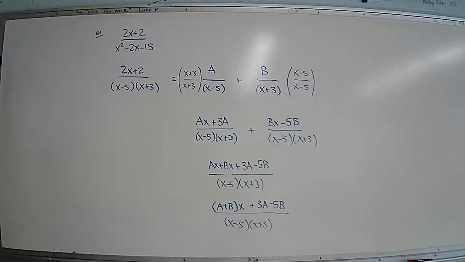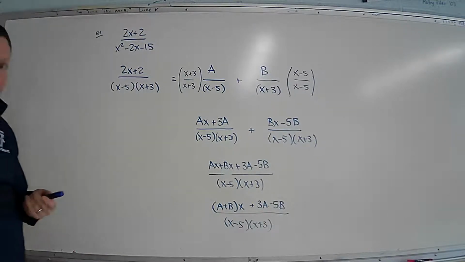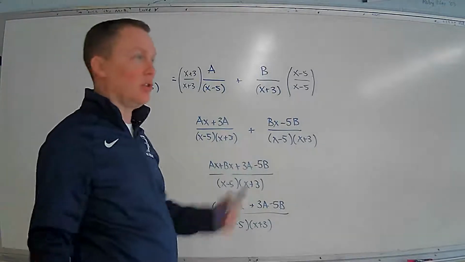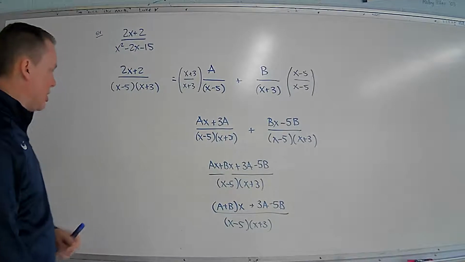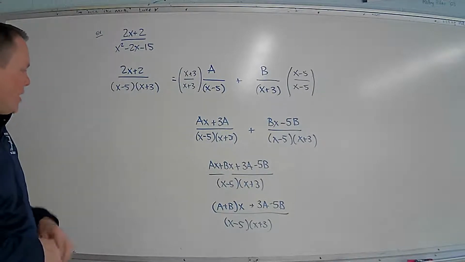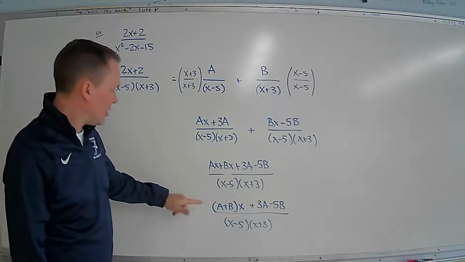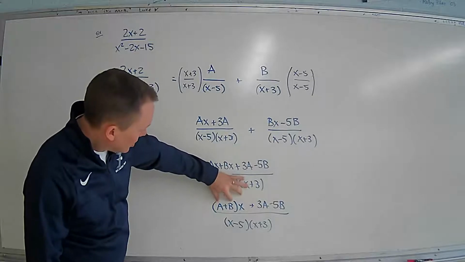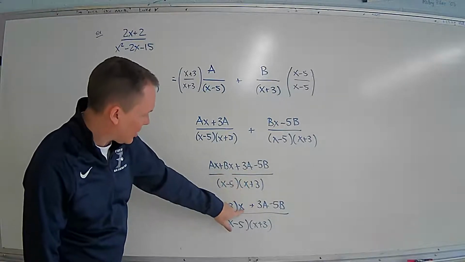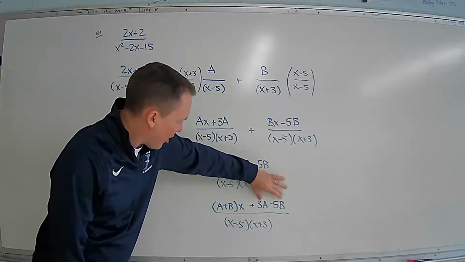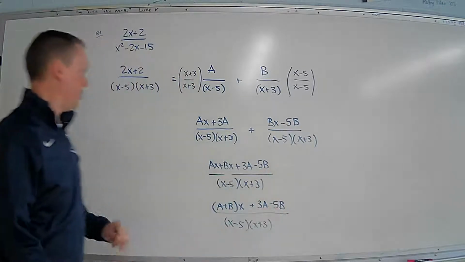Okay? Now, a and b are constants. A and b are going to be just constants like 2, 7, -7, -8, 1/3, whatever. They're constants, all right? But if you look carefully at the structure here, a plus b is going to be something times x, and then I've got 3a minus 5b hanging out over here.